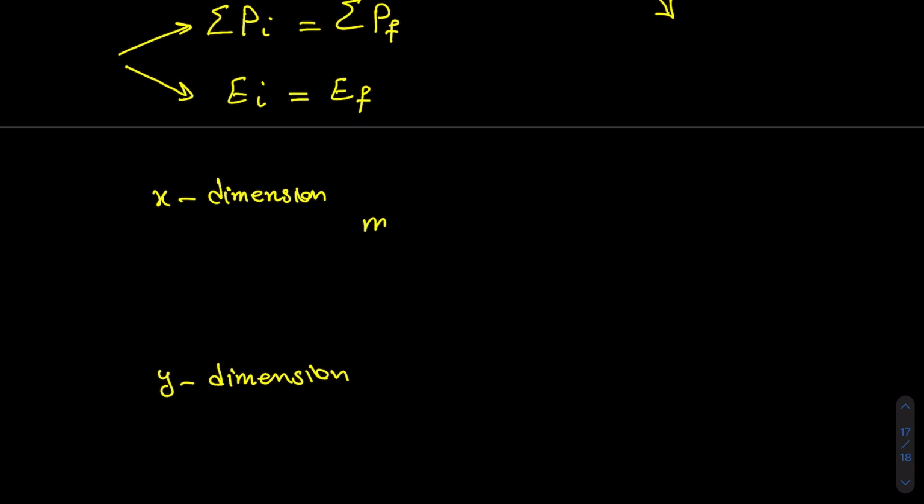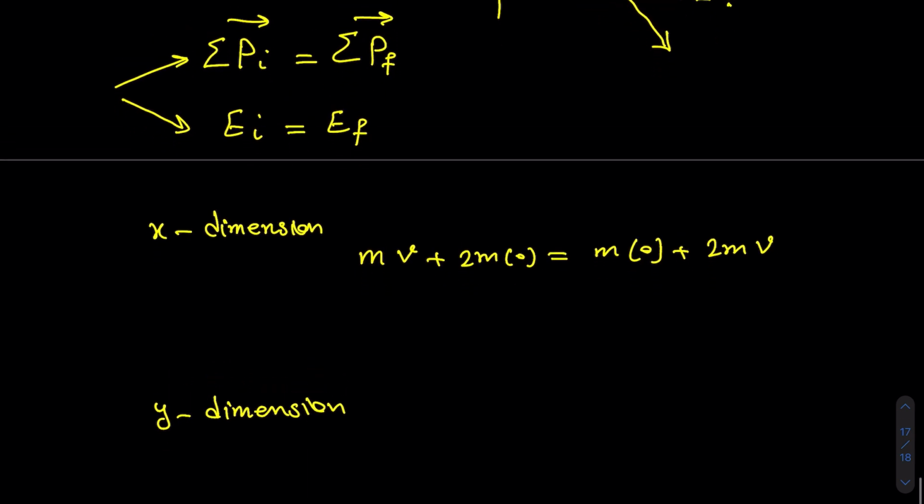the mass of nucleus m times velocity of nucleus v, because the velocity was towards the x-axis, plus the mass of the particle 2m times the velocity, which was 0, is equal to, so this is before collision, and the part after collision, m, the mass of nucleus times, since it goes directly up, it does not have any component to the x-axis because the angle is 90 degrees, so it's purely vertical, plus 2m, the mass of the particle, times the velocity of the particle after collision, which we show by v prime p, and then cosine alpha.